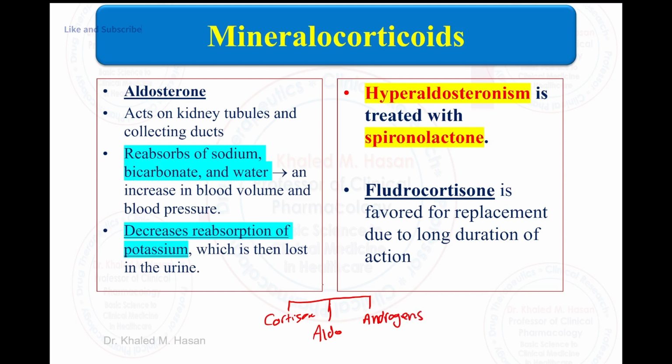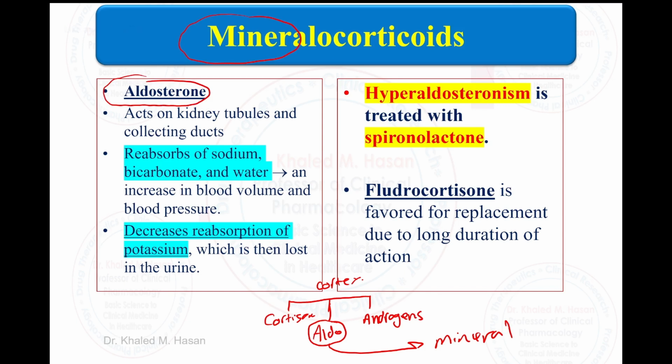These hormones are produced from the adrenal cortex. So we start talking about what happens if aldosterone is elevated. Aldosterone belongs to the mineralocorticoids, and the main agent produced from the adrenal cortex is aldosterone.